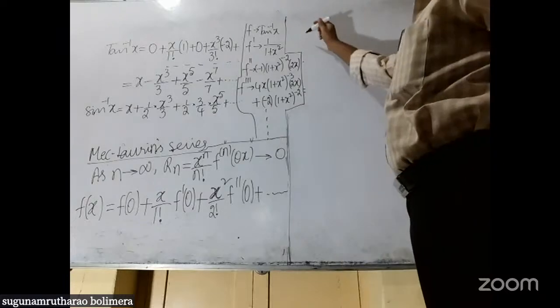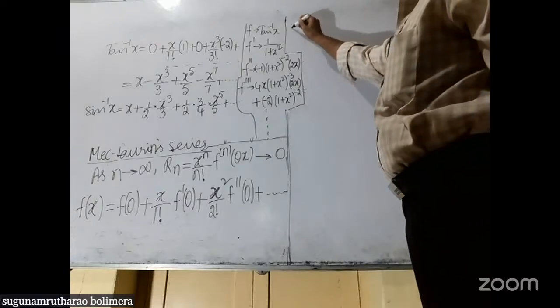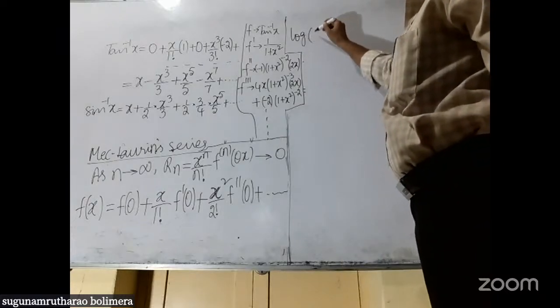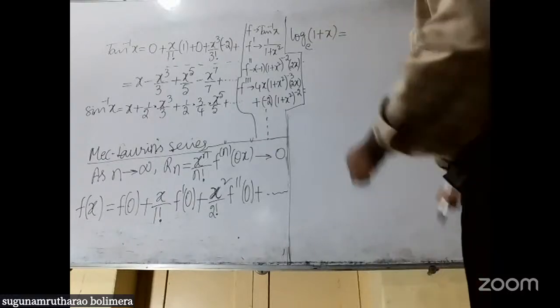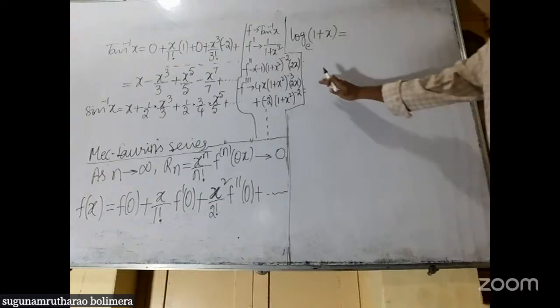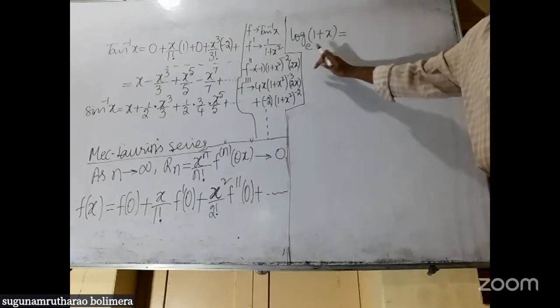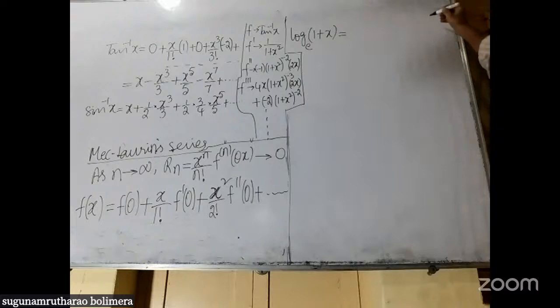So log of 1 plus x to the base e. If f is log of 1 plus x to the base e, f dash is 1 by 1 plus x.